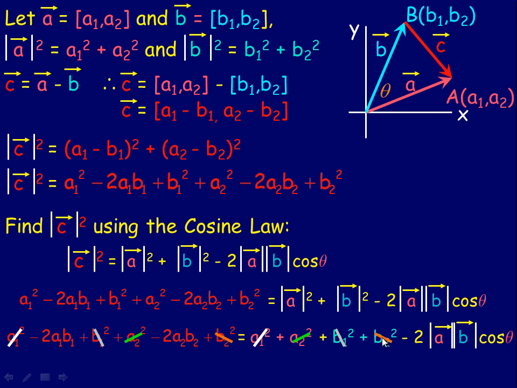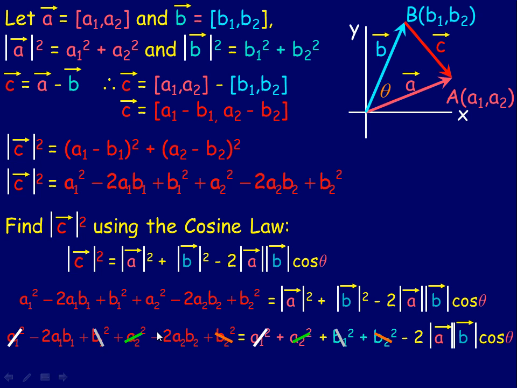So they'll just all subtract out or cancel out. So all we actually have left is this. This quantity is the only thing left on the right side. And what we have on the left is negative 2 A1 B1 and minus 2 A2 B2.